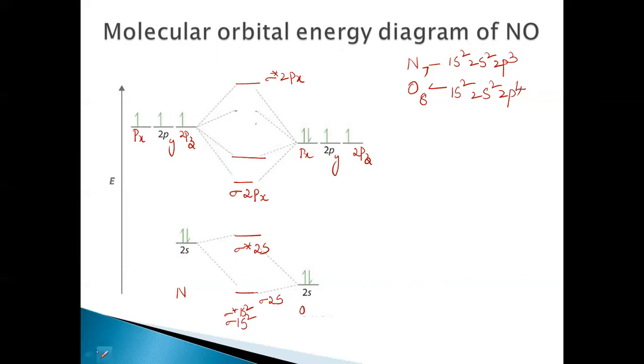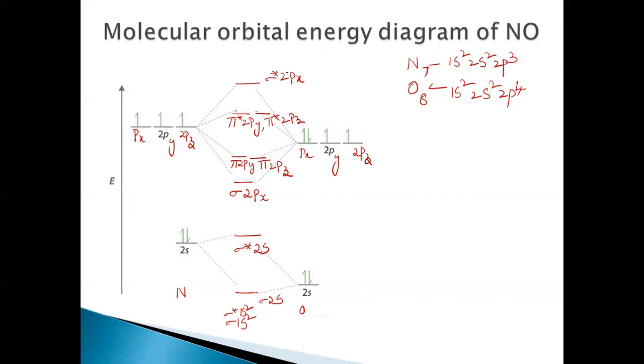So I'll show the pi orbitals: pi 2py, pi 2pz, pi star 2py, pi star 2pz.